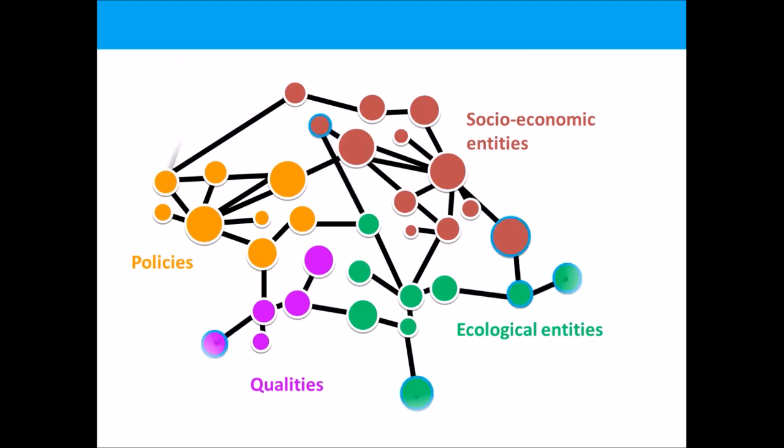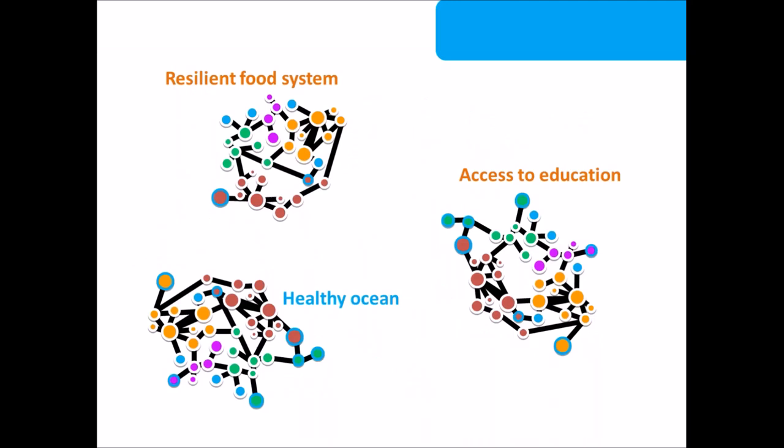And indeed, that's the nature of building a knowledge graph through an ontology. The interconnections between different domains of knowledge, here color-coded, different types of knowledge, that's part and parcel of building an ontology. They're interwoven. So you know that if you are then trying to address an SDG that involves certain socioeconomic entities, you're going to be pulling resources from ecological entities, again, by that web of relations that we're constructing.